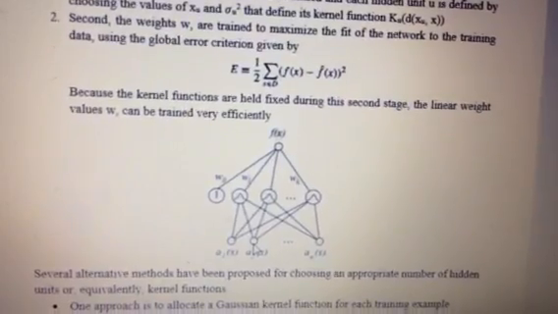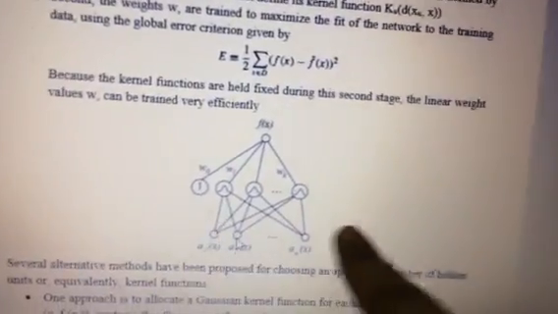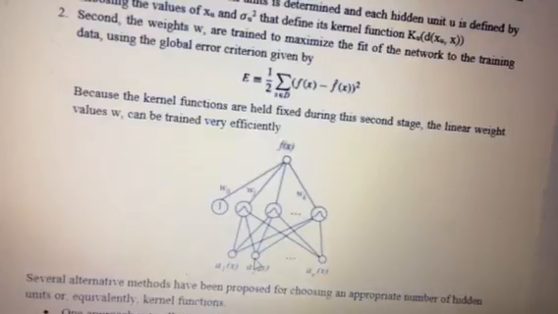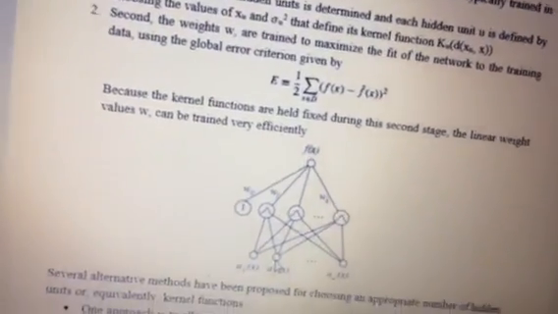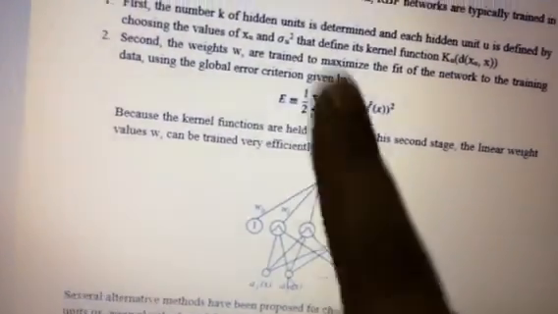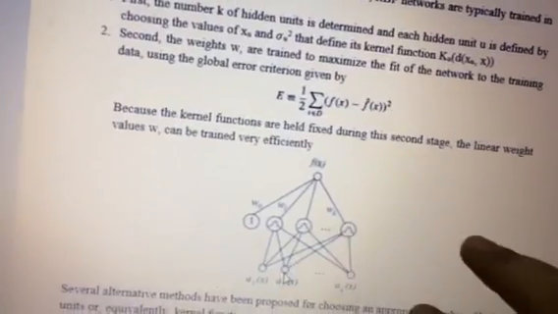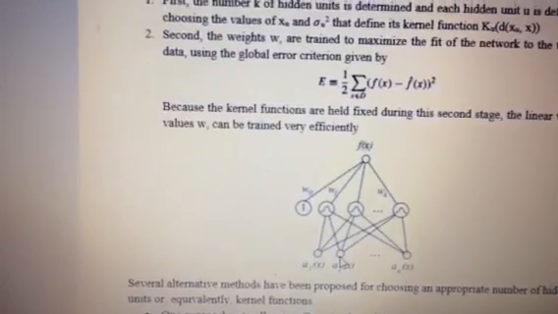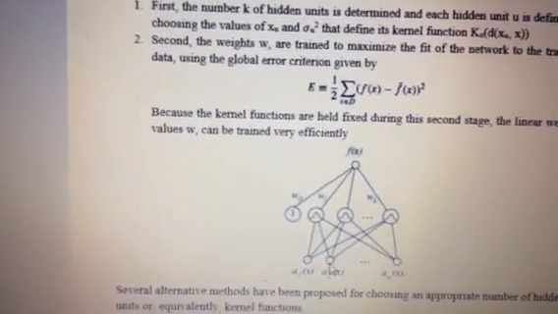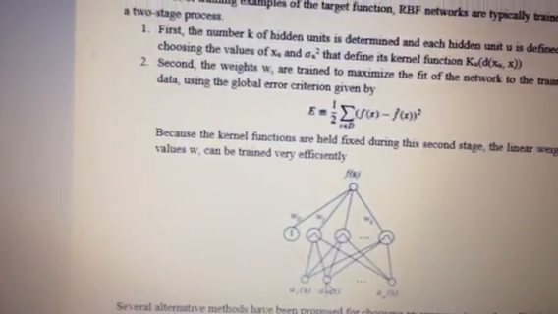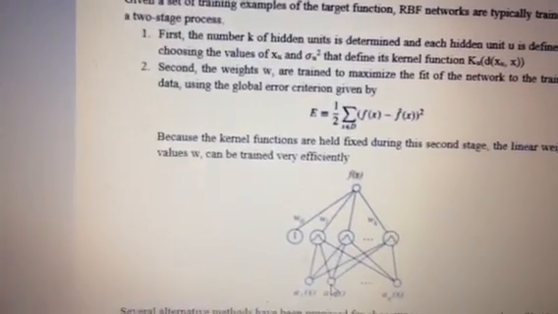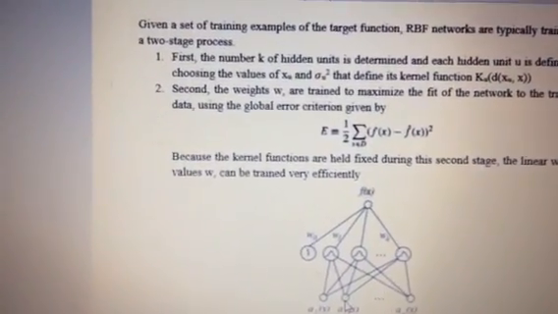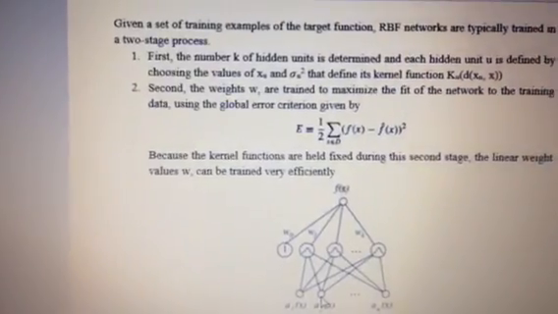Now here, this is called the first layer, this is called the hidden layer, and this is called the final layer. The first layer is going to perform the calculation of Ku of d of xu comma x, and the second layer, that is the hidden layer, is going to perform the linear combination of all the first layers.